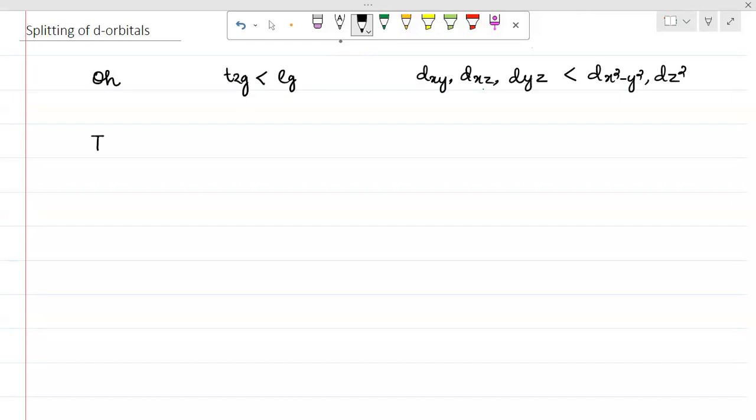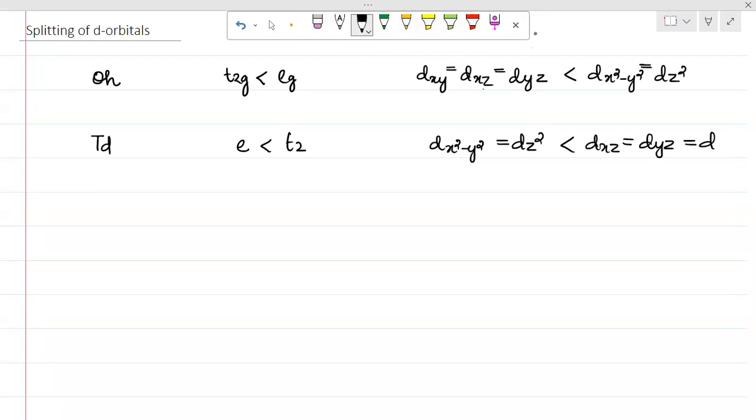In tetrahedral geometry, e is less than t2. Here e corresponds to dx squared minus y squared and dz squared, which are equal. I put a comma earlier, but if that is confusing you can put equal to, because they are degenerate. That is less than dxz, dyz, and dxy. We know this as well.